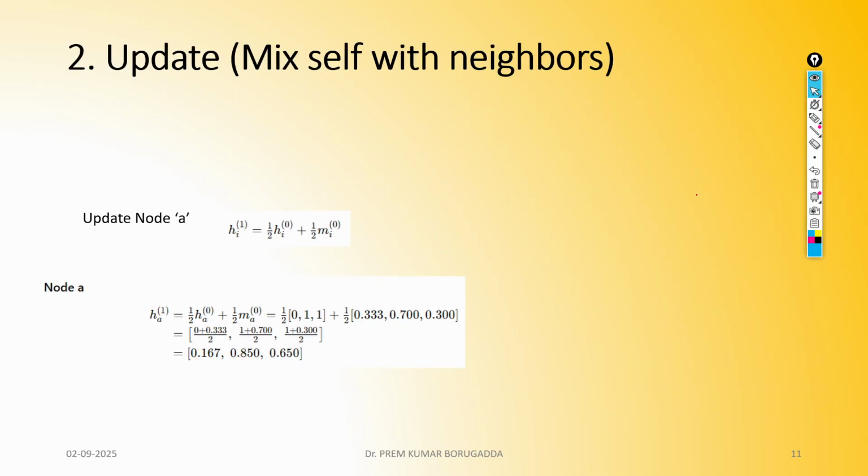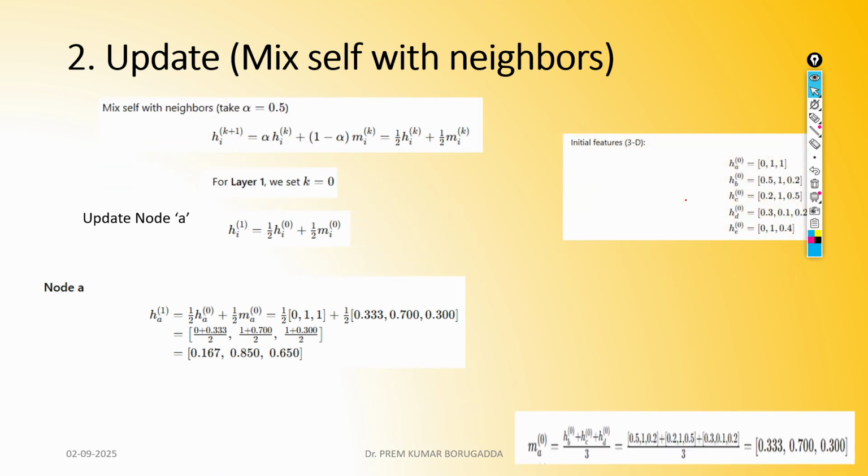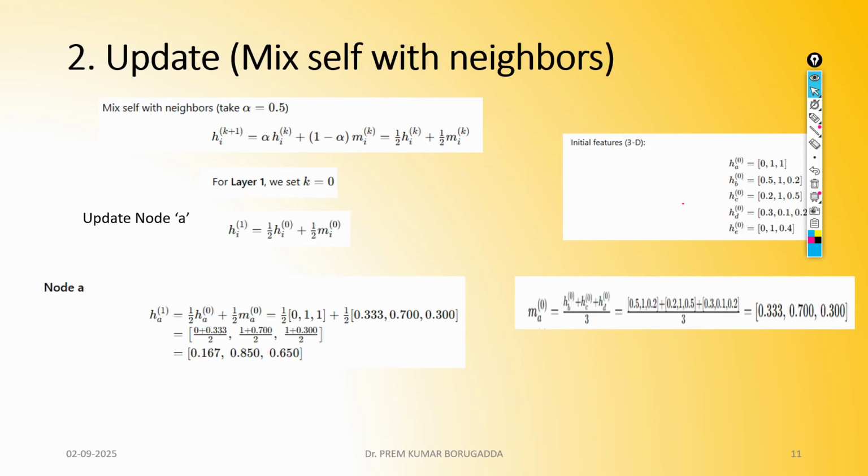And now you are going to update. How you are going to update, you can see here. For the update you are going to use this formula: hi of k plus 1 is equal to alpha hi of k plus 1 minus alpha mi of k.